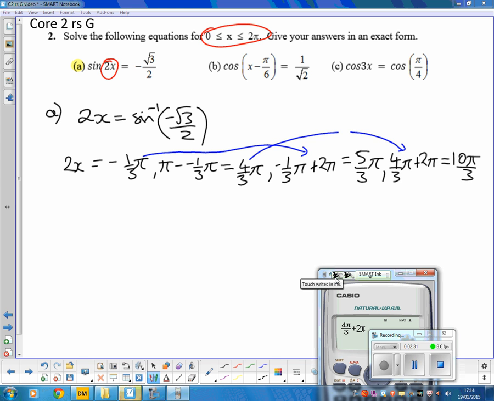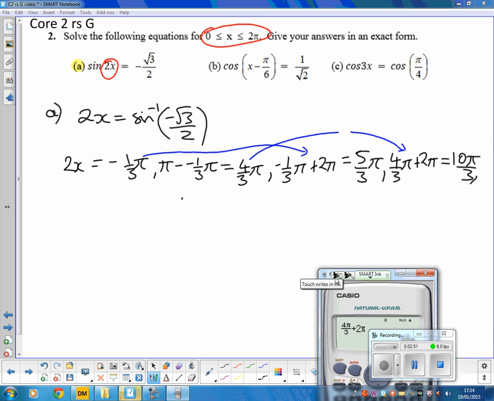Okay, I'm eventually going to have to divide all these by 2, and we were expecting 4 answers. So far I've got 3 that are going to come out in range, so I'm going to need another one. So I'm going to need to step up the graph once more. I've got my first solution, my second solution, third and fourth.